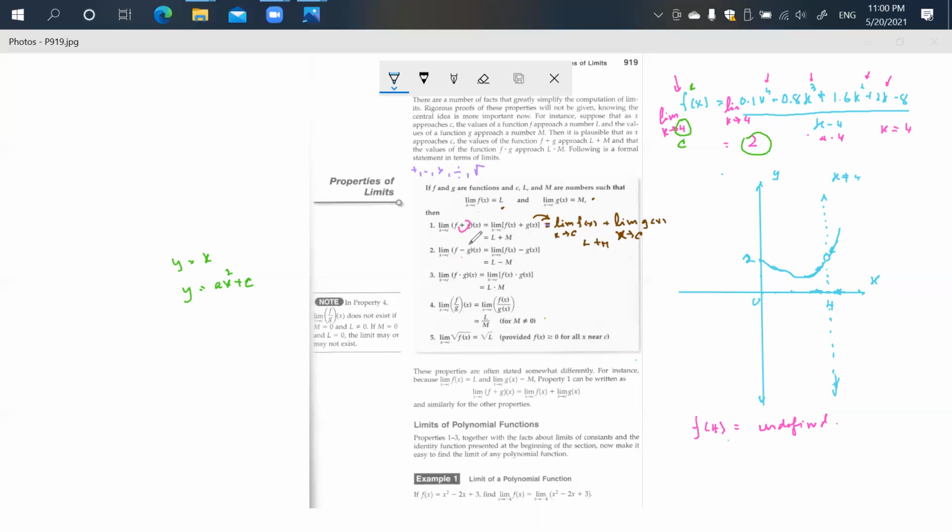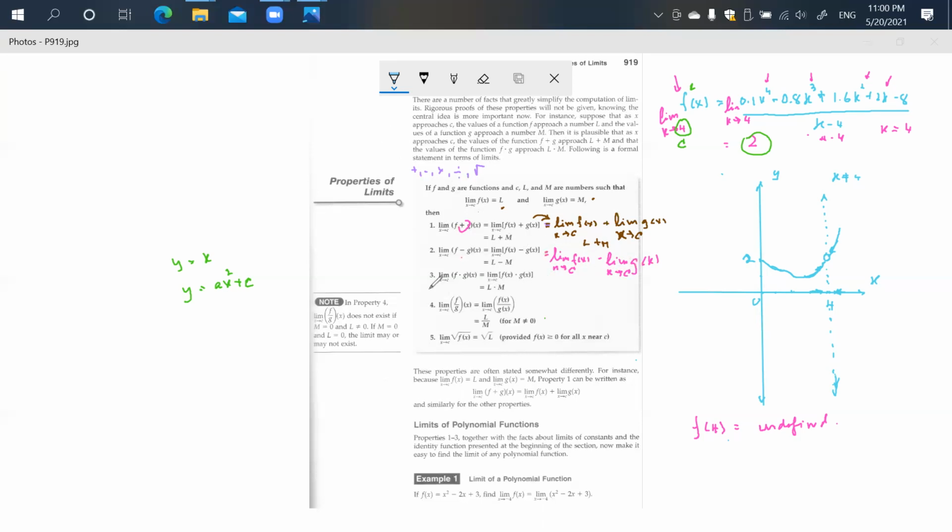Now next, the negative, with the same pattern. This one we can expand to become limit of f of x when x approaches c minus limit of g of x when x approaches c.